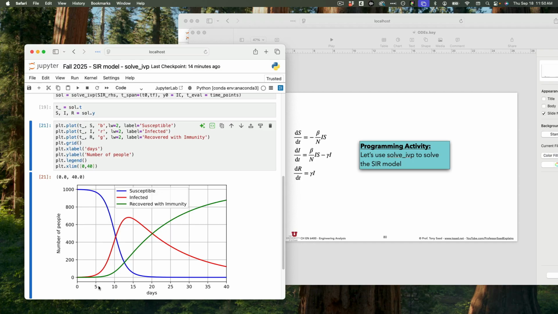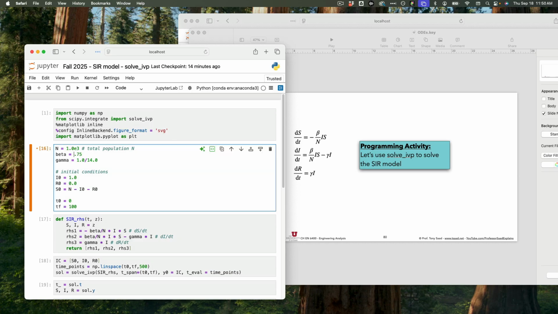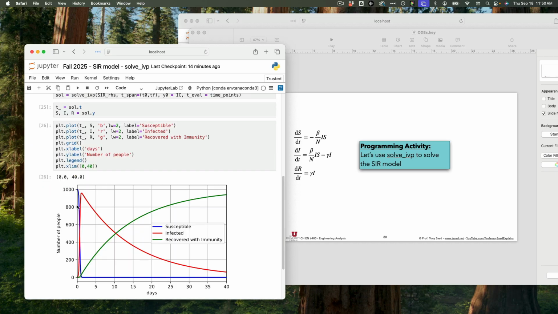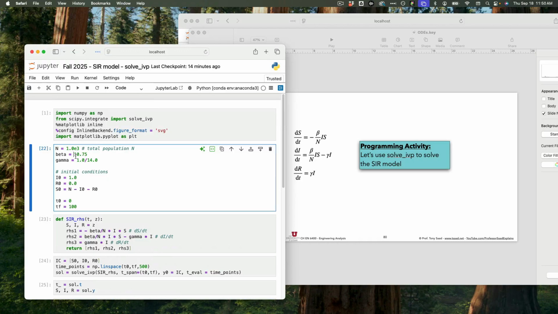Approximately the drop started at 5 days, where we started seeing infections from susceptible. So let's increase this beta, let's put 10.75. And look at that, it's an insane drop very quickly. Within half a day, maybe, you start seeing infections, because it's a very infectious disease.